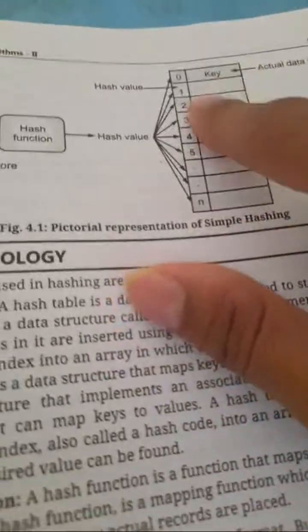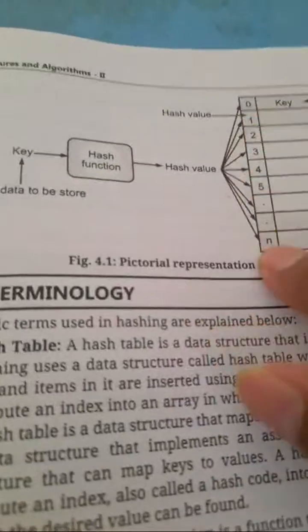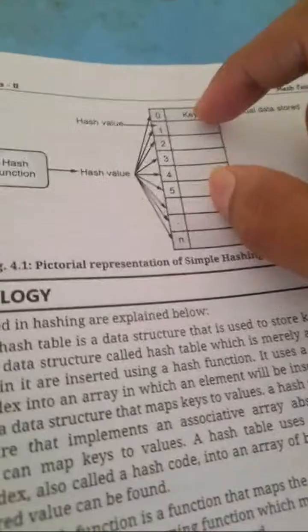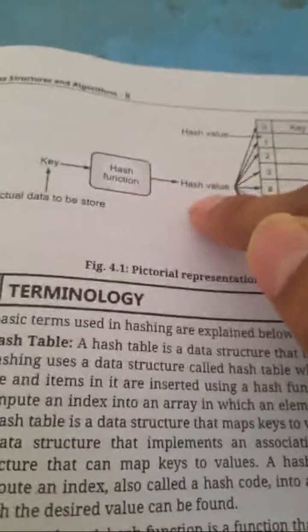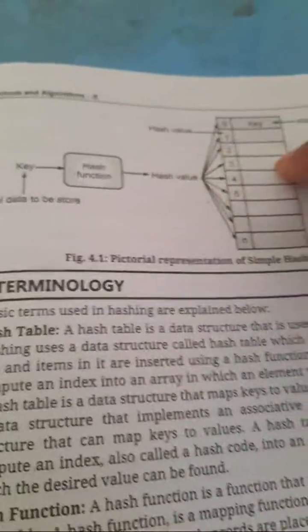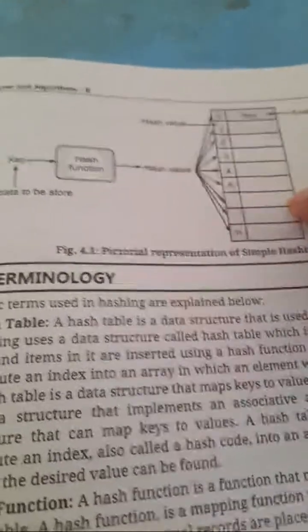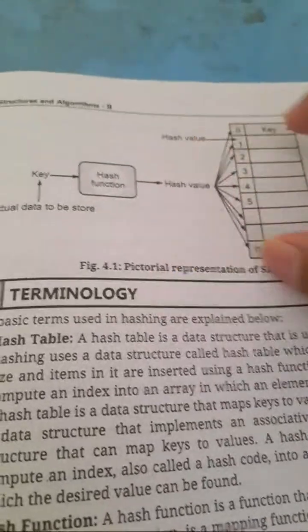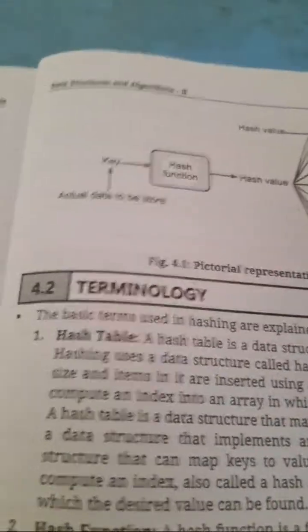These are the keys, and these are the hash values. So this is the pictorial representation of simple hashing, and this is the actual data to be stored.